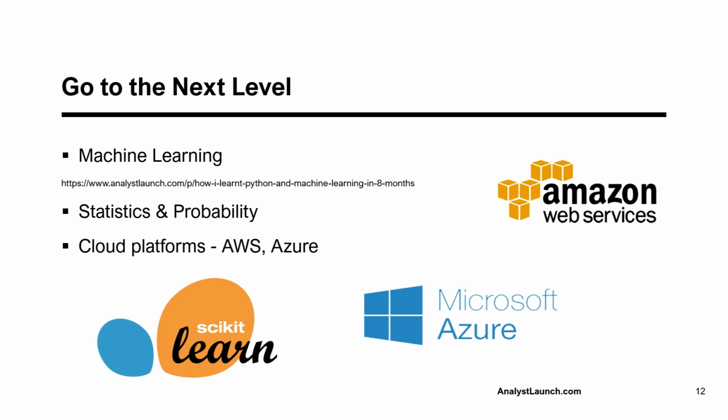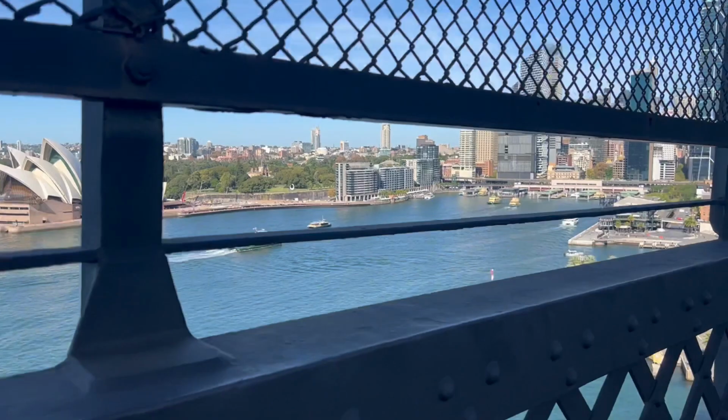Also, if you're going to do real-time analytics, all of that is going to be done from the cloud. So becoming very good in those two cloud platforms would be a real boost for your career. So that's a rundown of the main technology that you want to learn in order to get into data analytics. And yeah, that's it for this module.